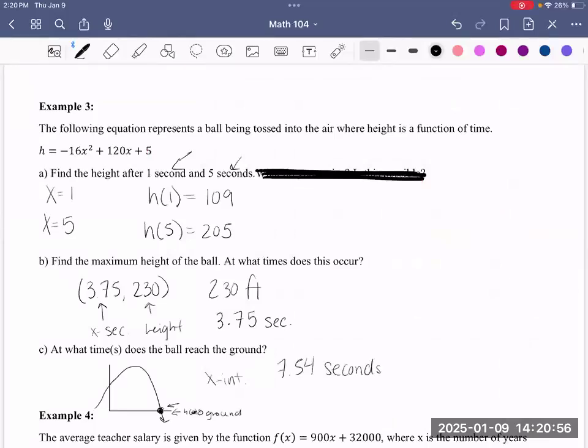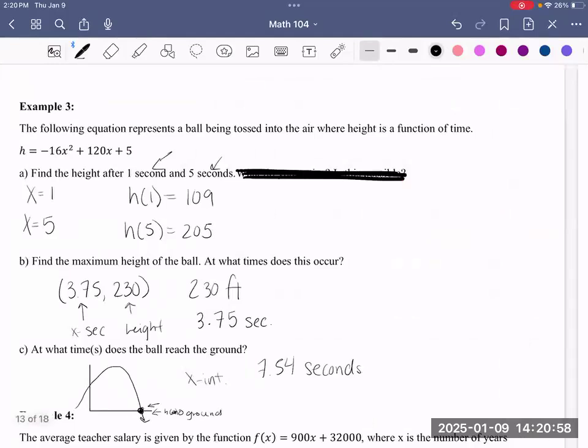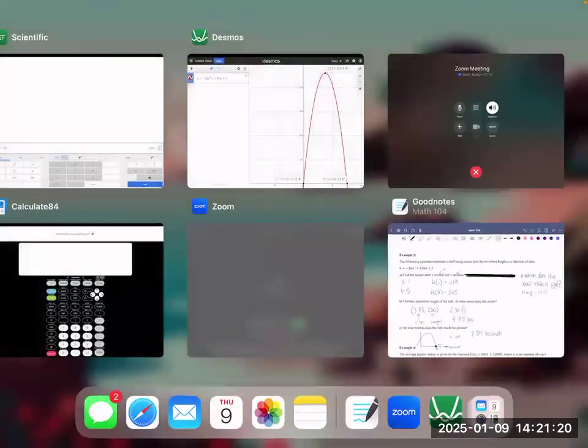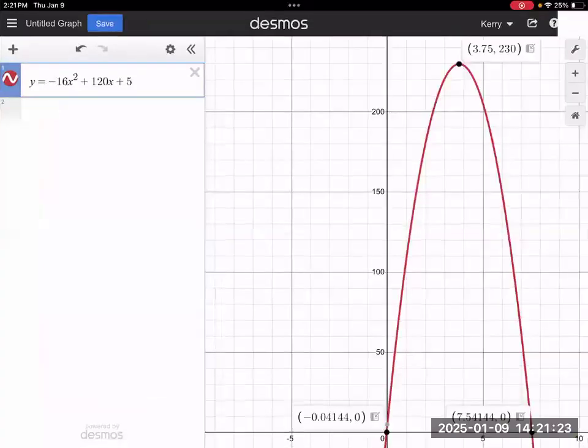Now, I will ask one more question, just because it comes up on your homework. When does the ball reach 100 feet? Well, 100 feet is your y counterpart. Height, or y, is equal to 100. So let's go ahead and put that equation in.